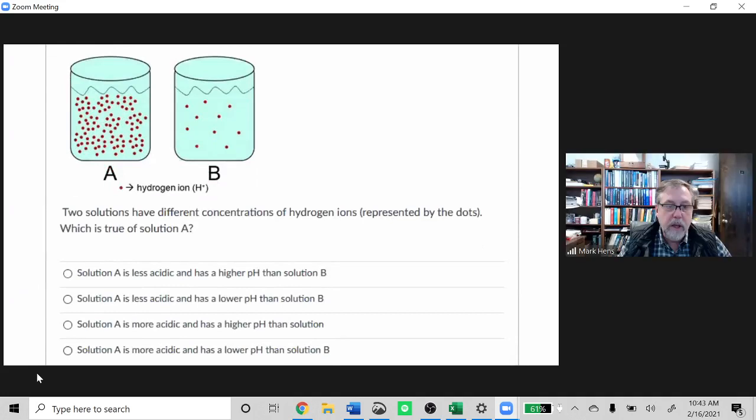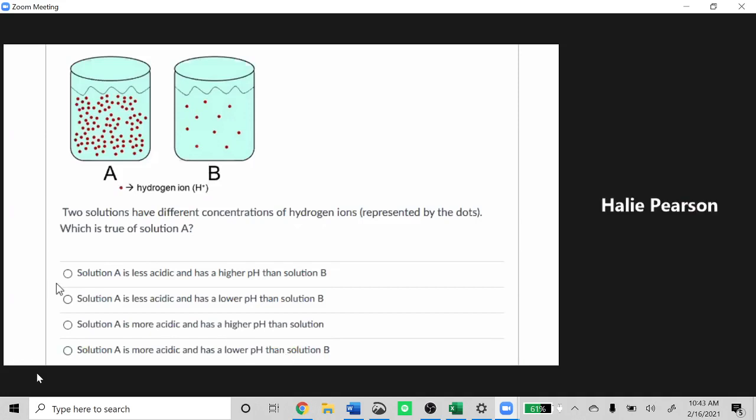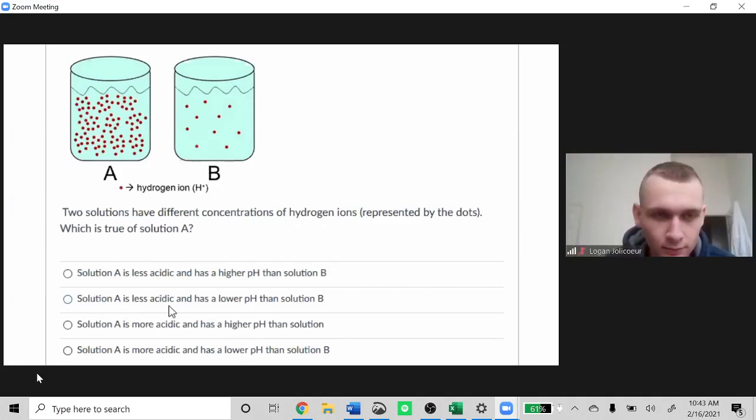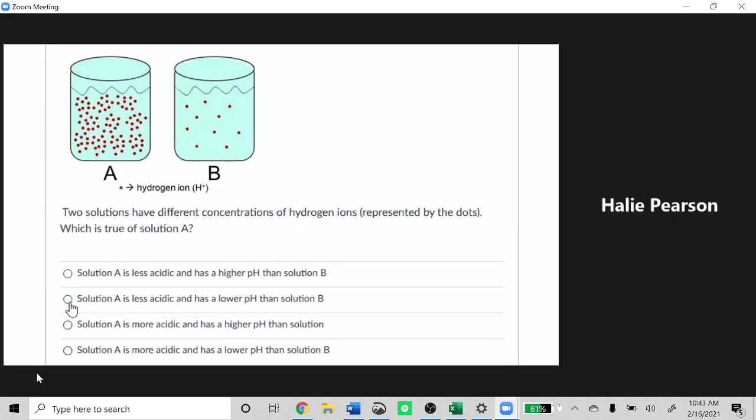Another question about pH. So we've got two different solutions. Which is true of solution A? I selected that solution A is more acidic and has a lower pH. Yeah, it's D. What do you think?